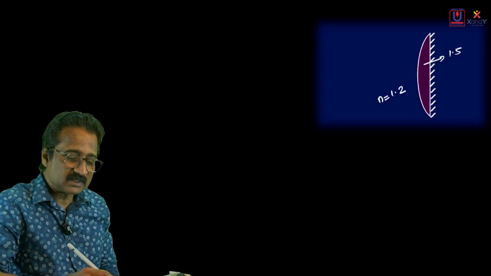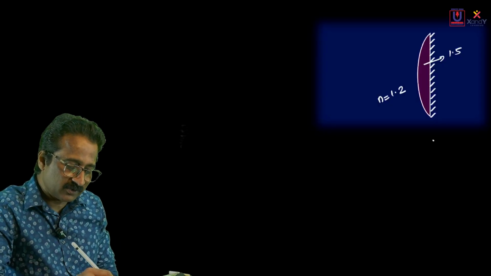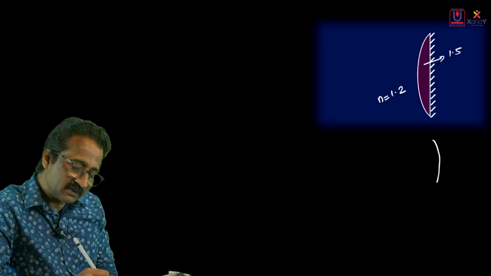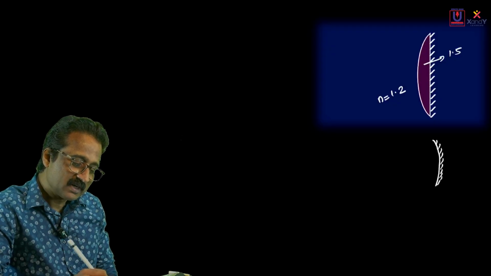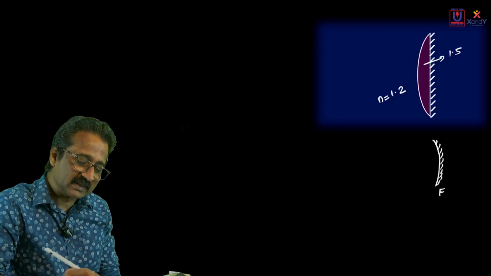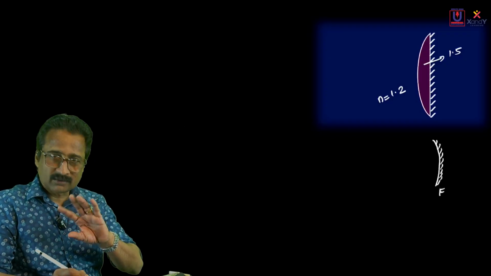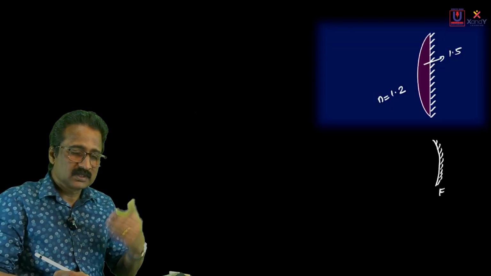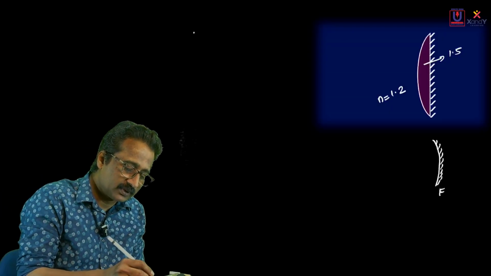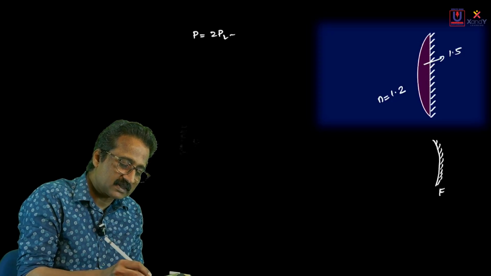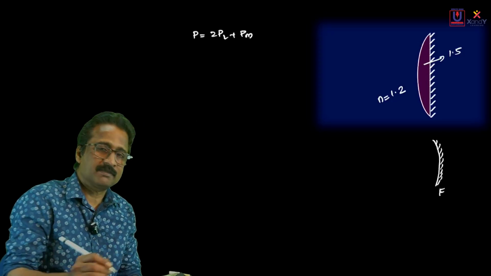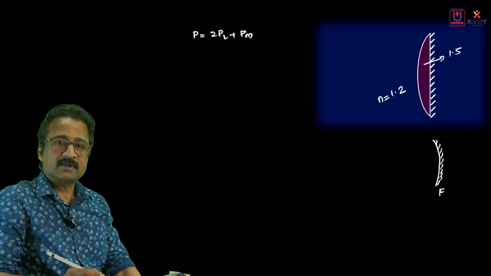You know that this device also will behave like a concave mirror, with a focal length f. You can find the focal length of the silvered lens using the power formula. As I told you earlier, the total power of any silvered lens is 2PL plus PM, where PL stands for the power of the lens and PM for the mirror.